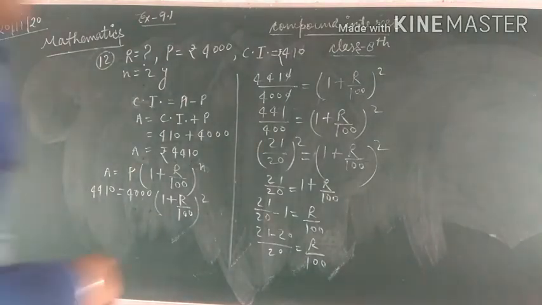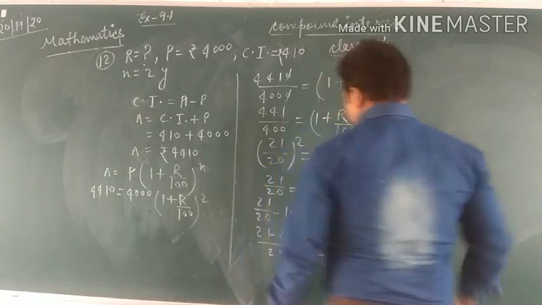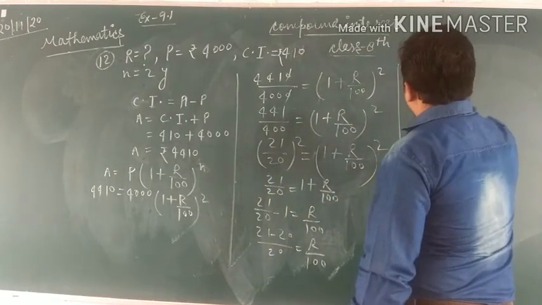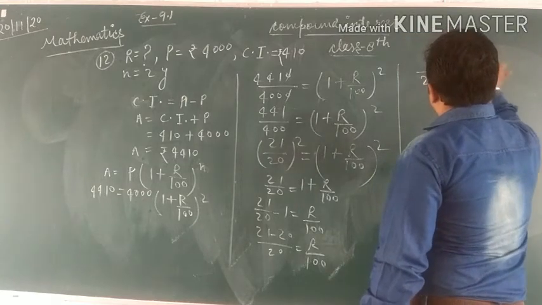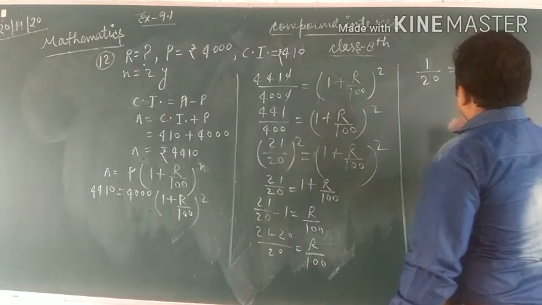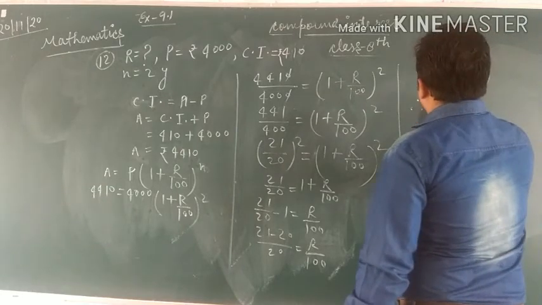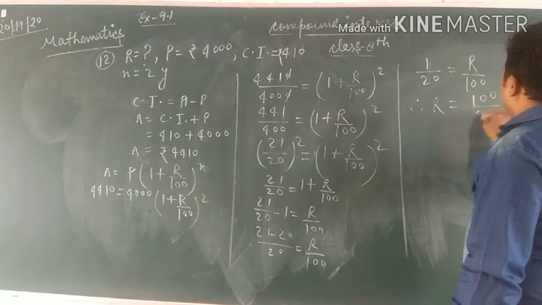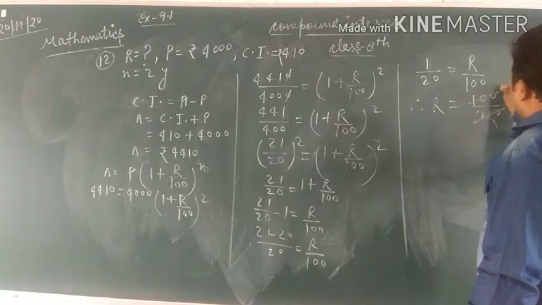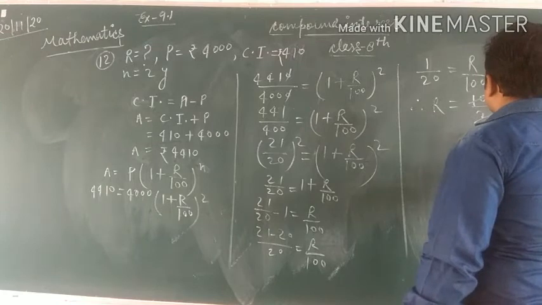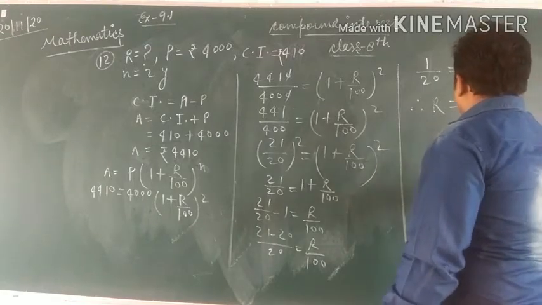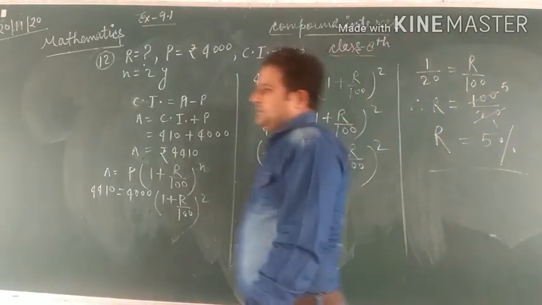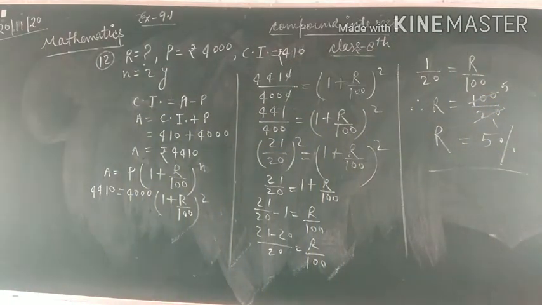So now here remaining 1 upon 20 equals R upon 100. Means R is equal to 100 upon 20, 100 will go outside. 20 fives are 100. R is equal to 5%. This is your final answer.